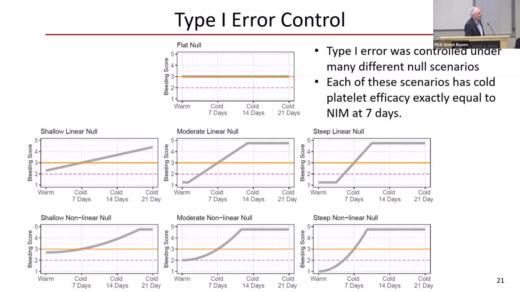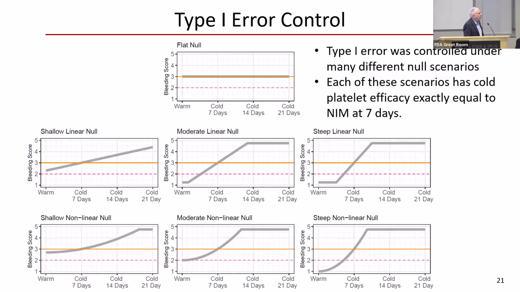That's at 2. The non-inferiority margin, therefore, is at 3. The broad gray lines are the different assumed relationships between maximum cold storage duration and the hemostatic efficacy of the cold stored platelets. Note that every one of the gray lines goes through the point at 7 days and 3. That's the definition of the null hypothesis.